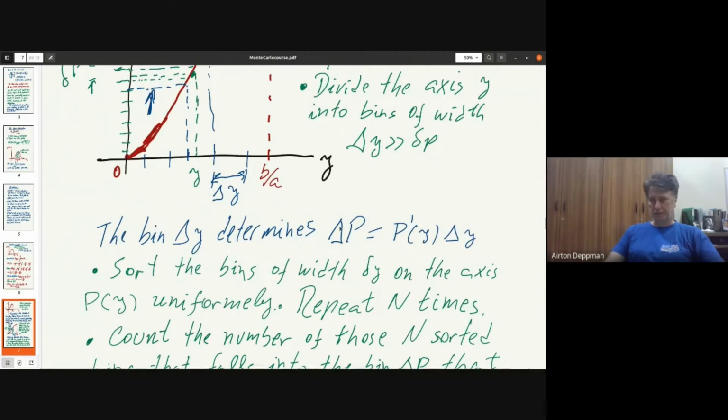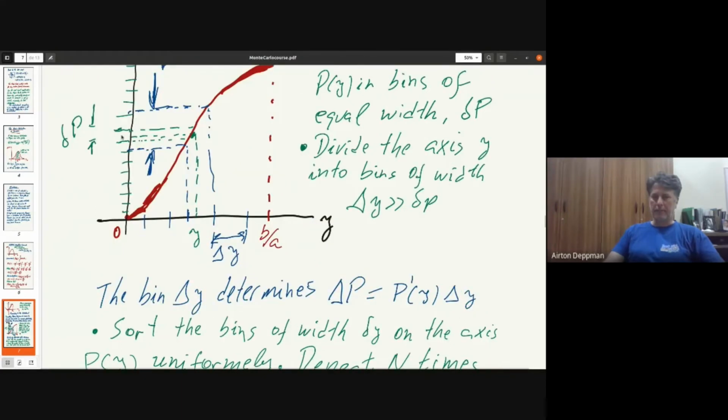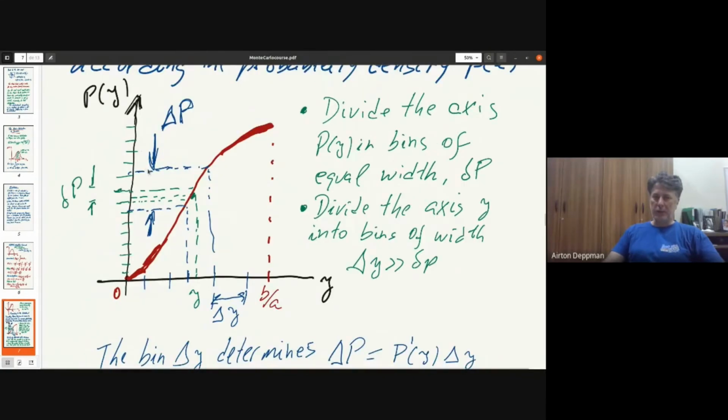It means that the number of events inside this range delta P, which corresponds to delta y, okay, the number of events that falls in this range, which includes some number of bins with delta p, are the number of events corresponding to the range delta y here.